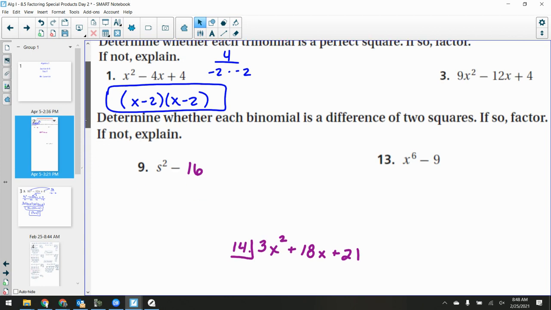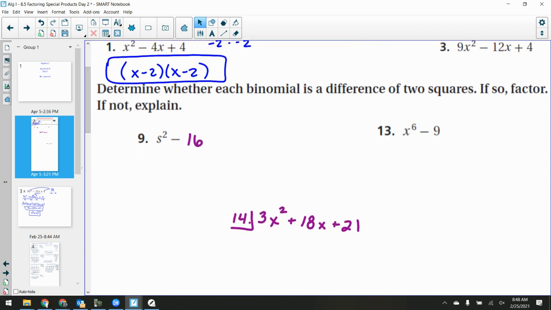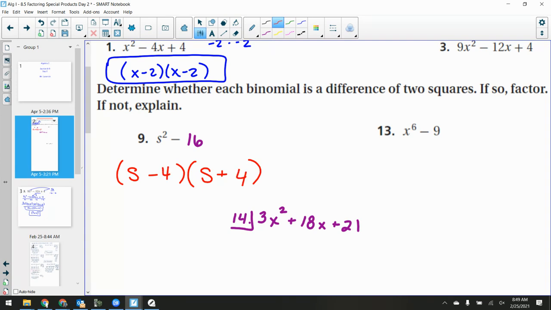So now I know that this is a difference of squares. We go to our parentheses, put a minus and a plus, or a plus and a minus, doesn't matter. And then we square root everything. Square root of s squared is just an s. Square root of 16 is 4. And there's my answer. That's the only new thing that we did yesterday. That's it.